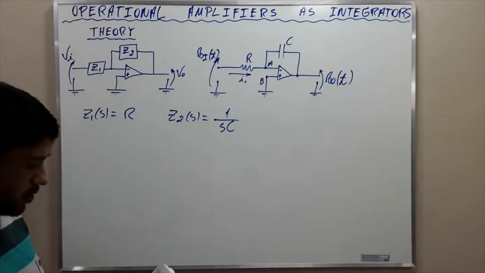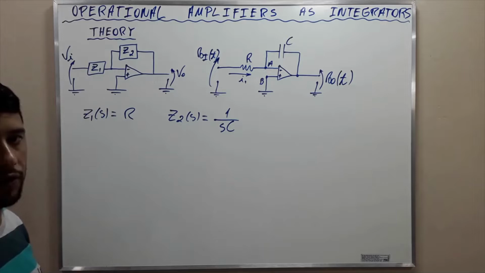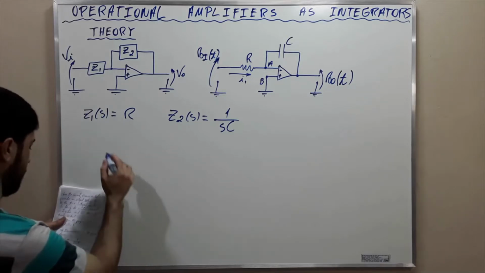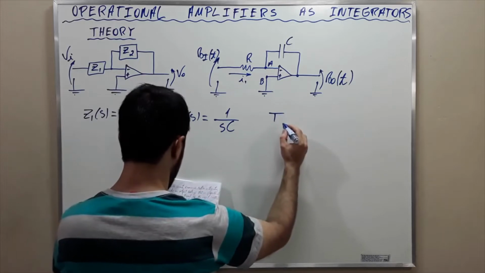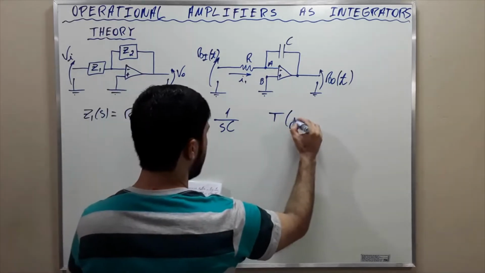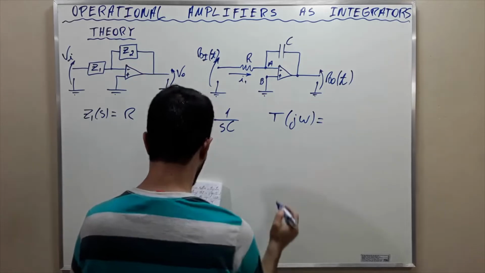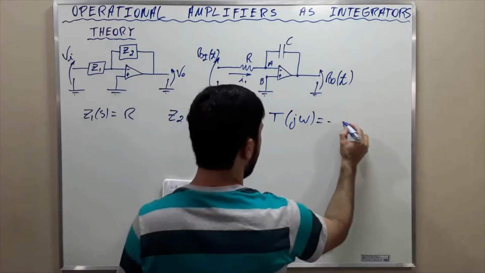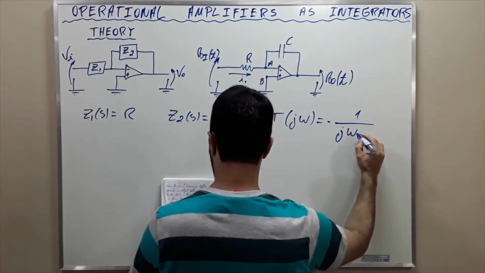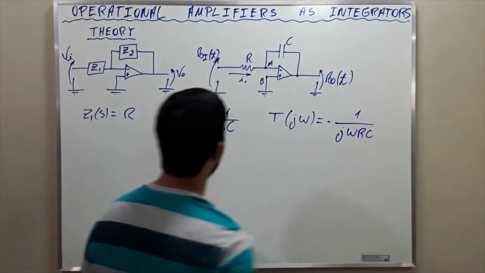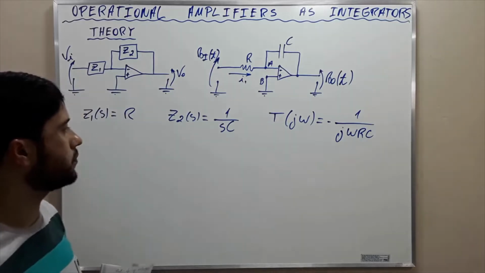And then the transmission in the frequency domain is going to be T of jw equal to minus 1 over jwRC. Okay?